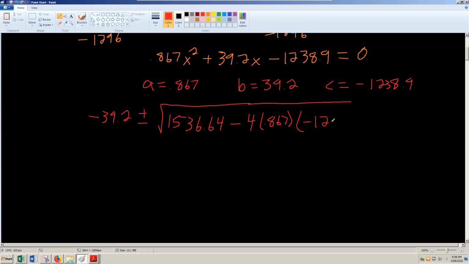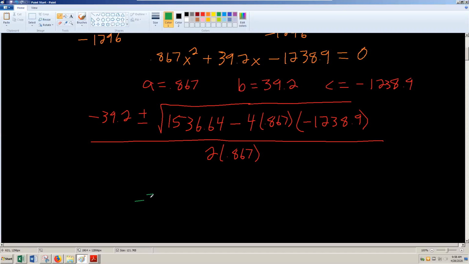Keep in mind that I'm multiplying a negative with a negative, so this is going to end up being plus whatever. So now when I do this, all divided by 2 times my 0.867. Let's simplify this thing. So we get negative 39.2 plus or minus the square root of.